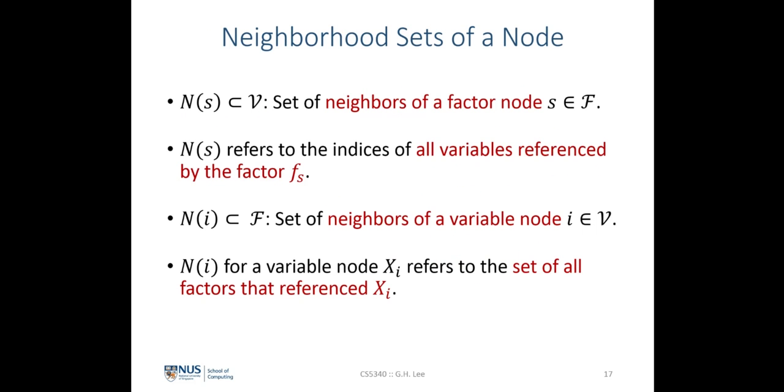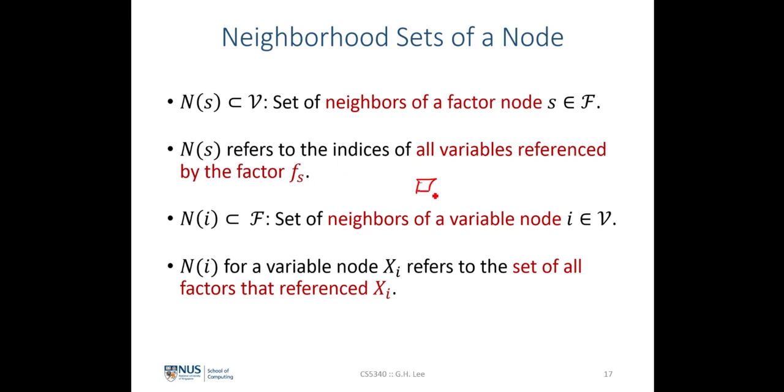Before we can explicitly write down the sum product algorithm for the factor graph, we need to further define two terms. The first term would be n of s, which is defined as the set of neighbors of the factor node s in the set of factor nodes. So n of s refers to the indices of all the random variables referenced by the factor fs.